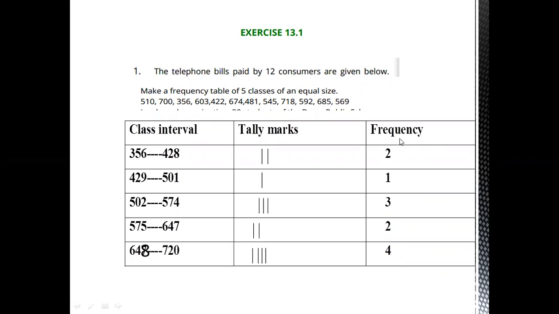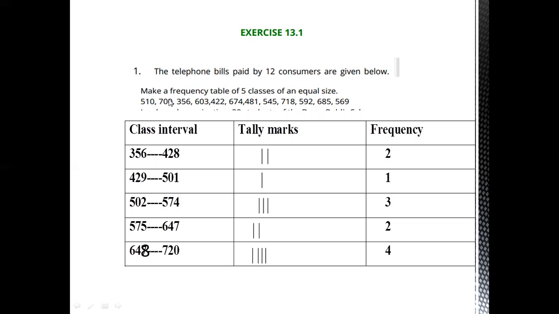Now for frequency. Frequency is what? You will check from 356 to 428 how many values lie in this interval. So 356 lies in this interval, and also 422 lies in this interval, because 422 is less than 428.